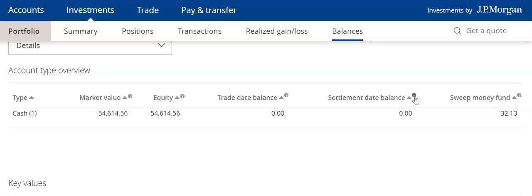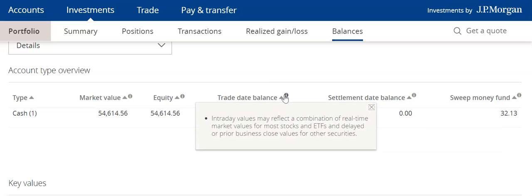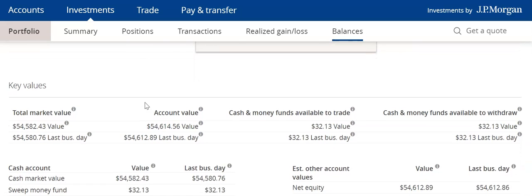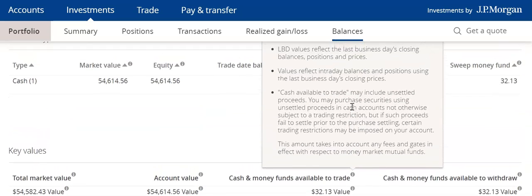These little I information bubbles give a wealth of information. So for instance, this is where you can learn what some of the other securities are. ETFs, we haven't talked about any of these types of securities yet, which we will when we review the trade tab, which will come after this tutorial. And other things that we can look at, for example, are cash and money funds available to trade, which gives all kinds of information.